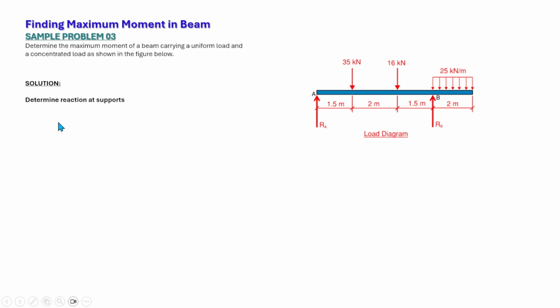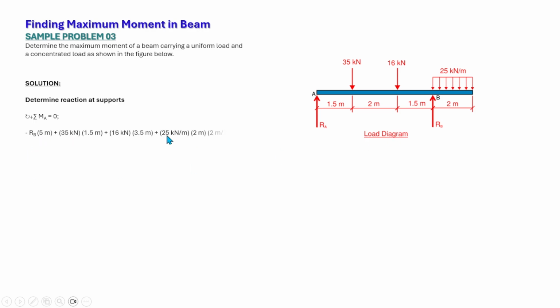First of all, we need to determine the reactions at the supports before we can draw the shear and moment diagram. To determine the support reactions, we sum up moments at point A. Summation of moment at A is equal to 0.